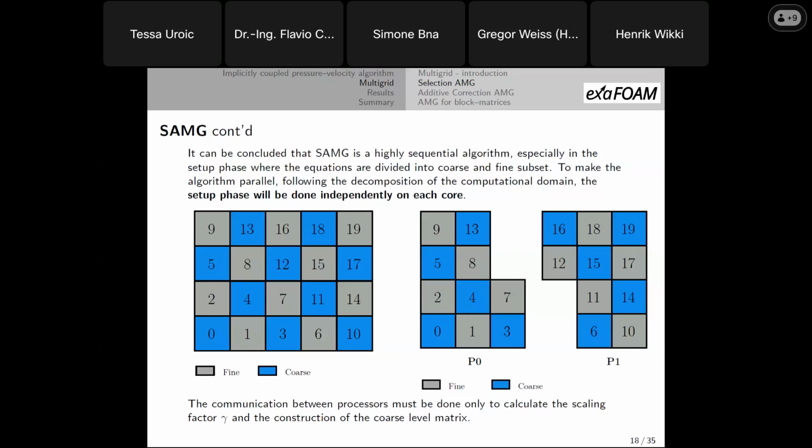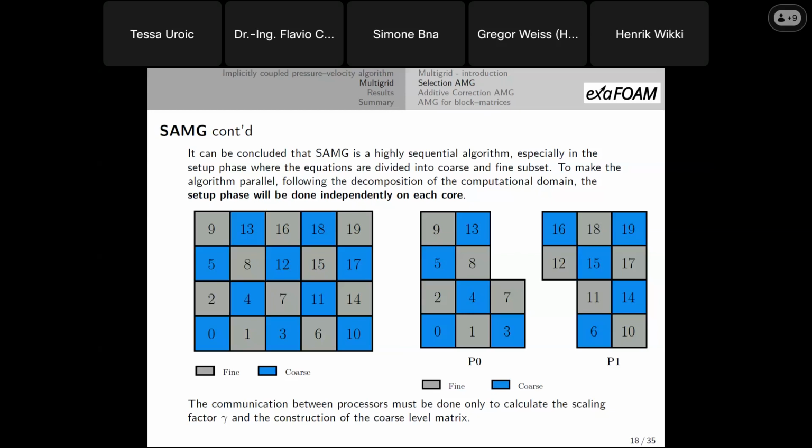Why is that? Because the basic postulate of coarsening is that each coarse equation, here denoted in blue, will provide its correction to its fine neighbors, the equations which were eliminated.